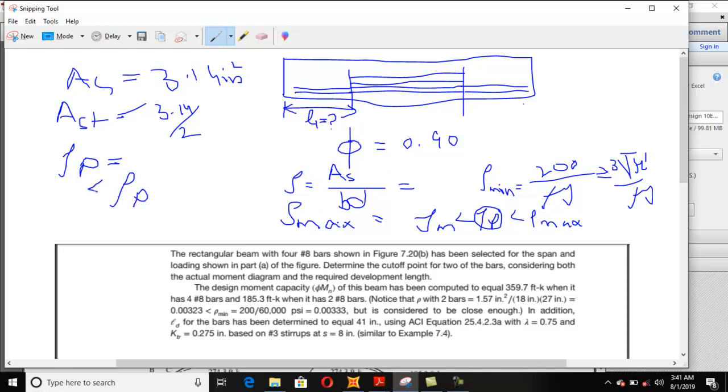Rho provided should be greater than rho minimum, because in any case this will be below rho maximum. This is the basic criterion of the ACI code, that your rho provided should be greater than rho minimum.